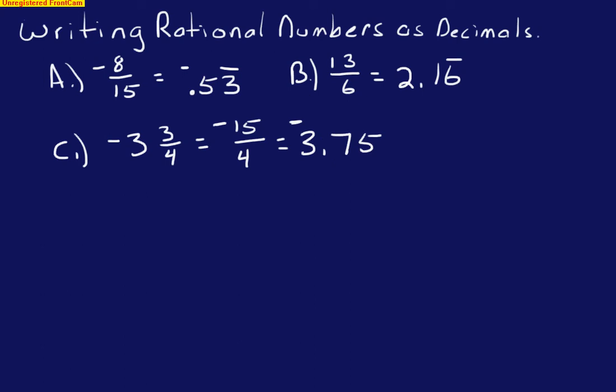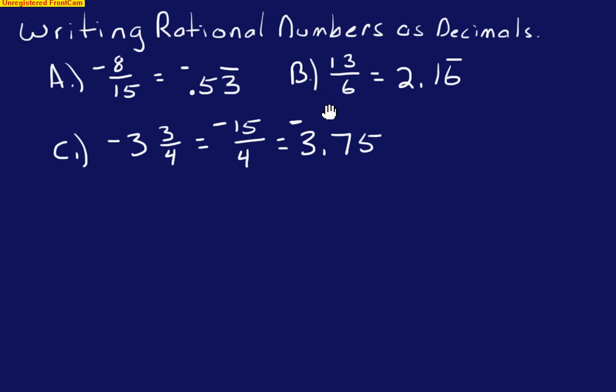So here I'll just go to the hand and go over it real quick. You have three different kinds of problems, A, B, and C. They just look a little bit different, and we're putting all of those into a decimal format. Here we have a regular fraction, -8 over 15, and when you divide 8 by 15 you get 0.53. We know that's a negative, and here the 3 repeats.